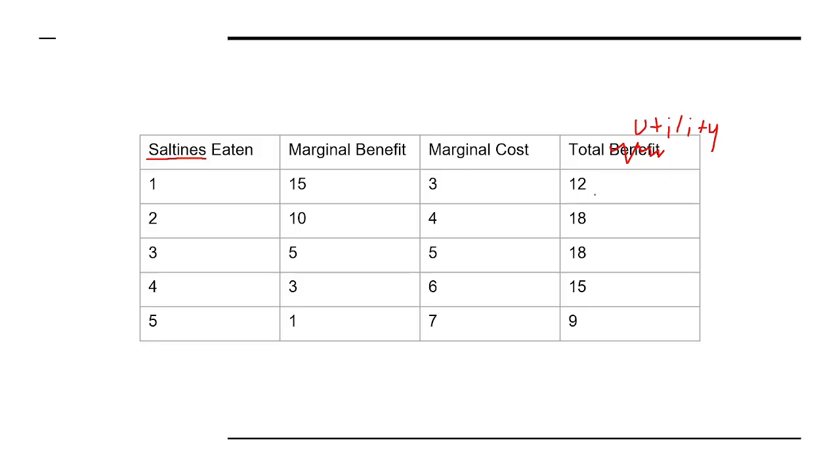The marginal cost is 3. That first saltine cracker is good, right? We have benefited from it more than it cost us, by 12. The second saltine cracker we eat has a marginal benefit of 10. The marginal cost is 4.